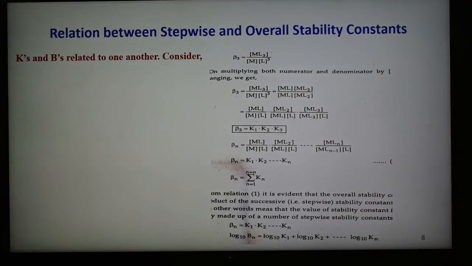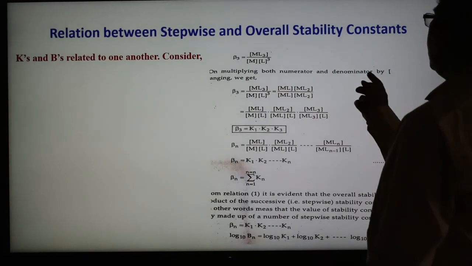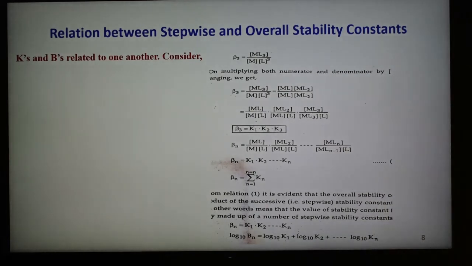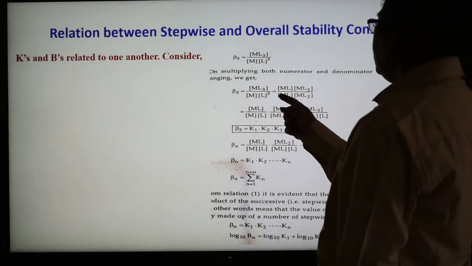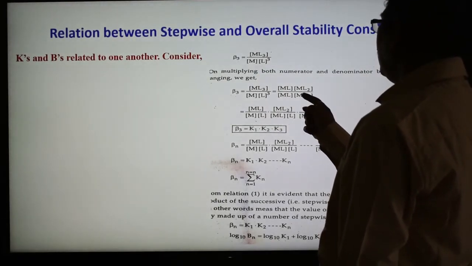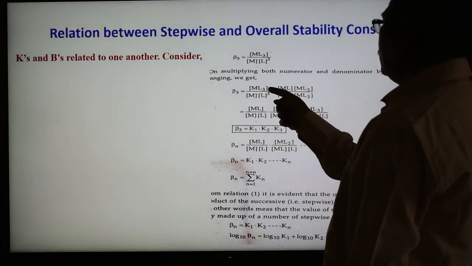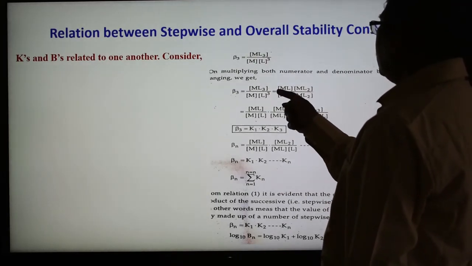Now we multiply both the numerator and denominator by ML and ML2, and rearrange.